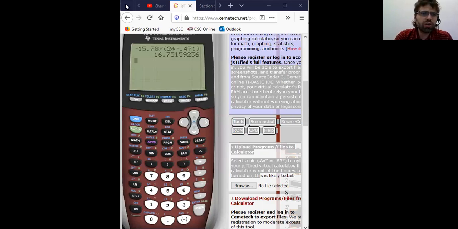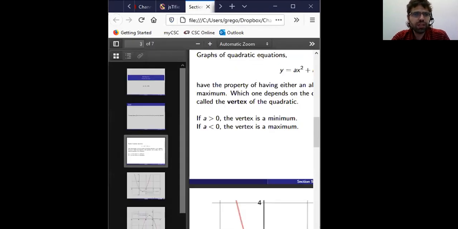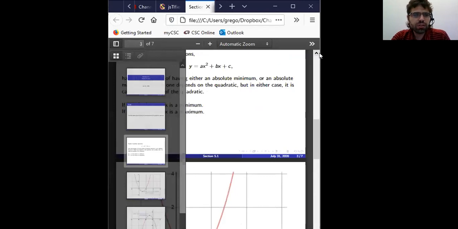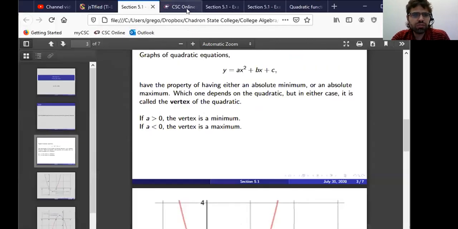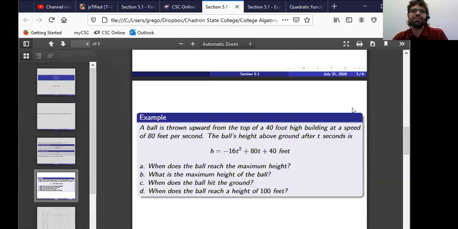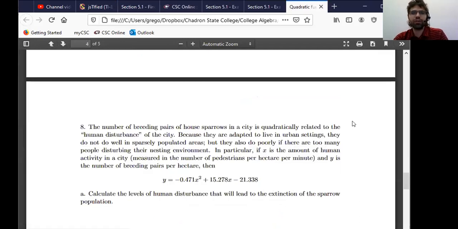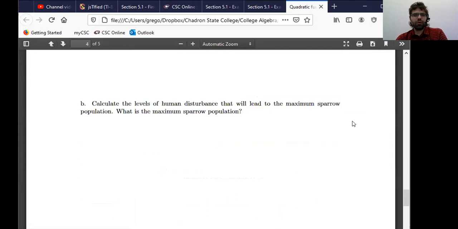We're also asked, let me find this. No, these are my notes. They're here somewhere. There we go. We're asked for the level of human disturbance that will maximize the sparrow population. We found that.